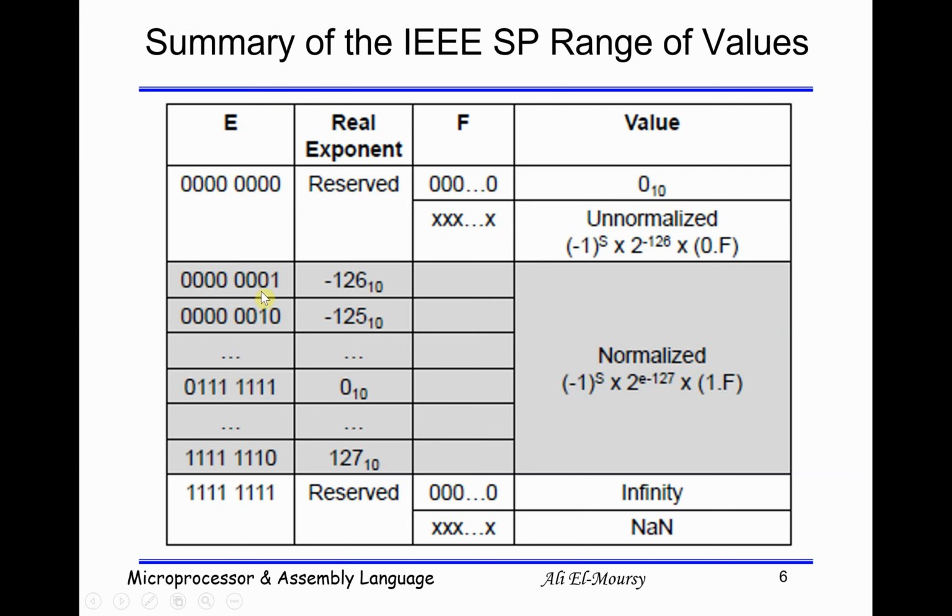Any exponent from 0, 0, 0, 0, 1 up to 1, 1, 1, 1, 0 gives the normalized numbers, with the exact equation that we mentioned in our last set of slides.